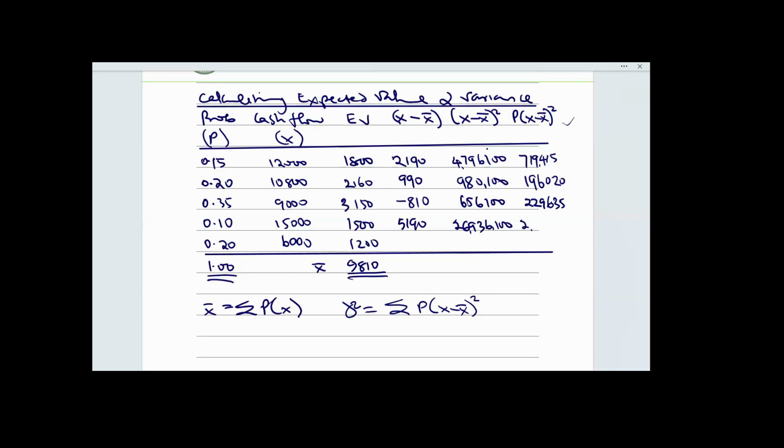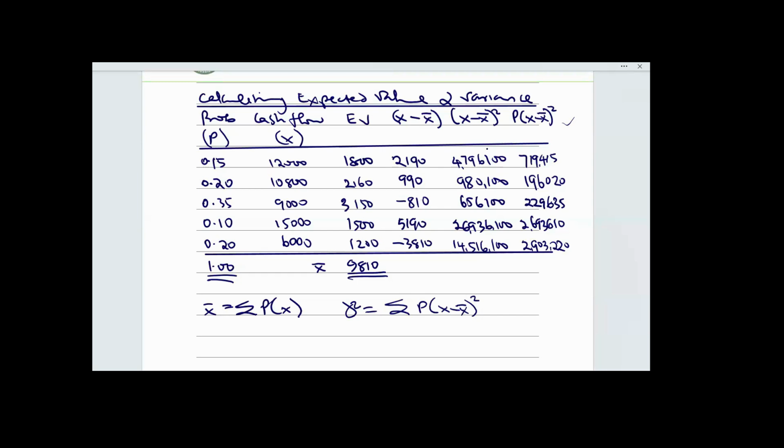So this will be 2,693,610. Then the last one, 6,000 minus 9,810 will give us minus 3,810. Minus 3,810 squared is 14,516,100. Multiply by 0.2. That's 2,903,220.